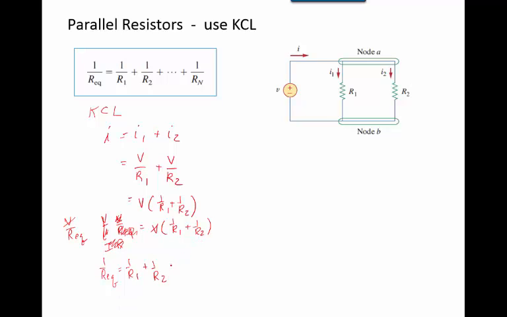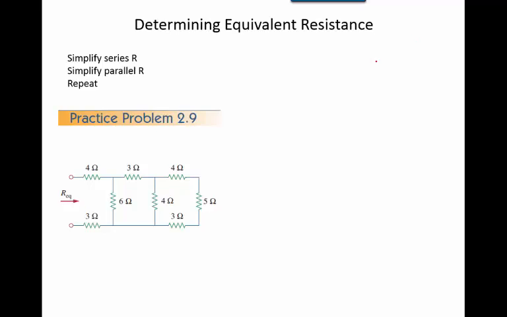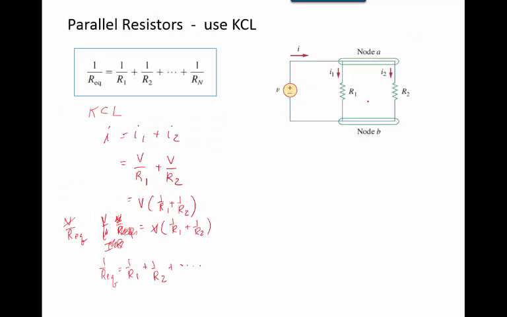And if there are many resistors, it's pretty easy to see that it would extend itself. As a shortcut, when there are only two resistors, you have 1 over the equivalent resistance equals 1 over R1 plus 1 over R2.